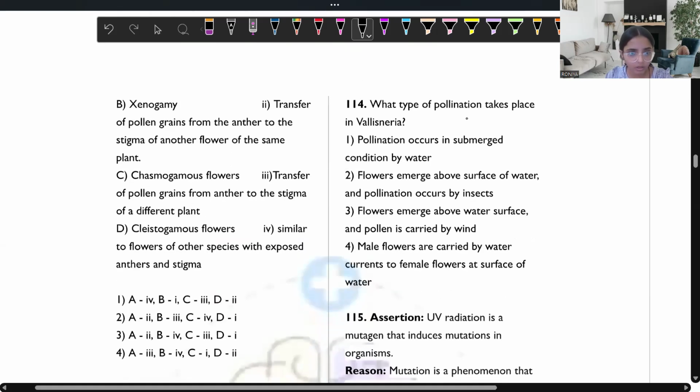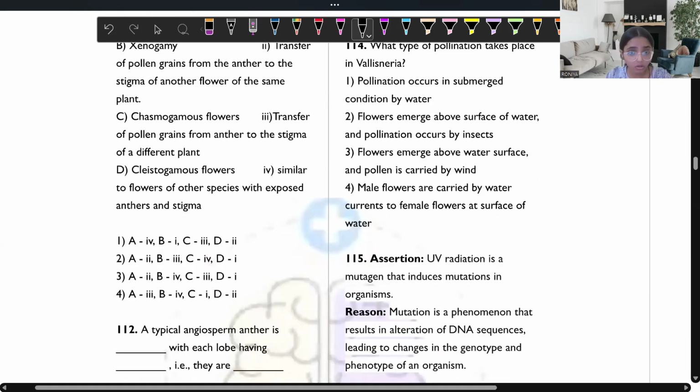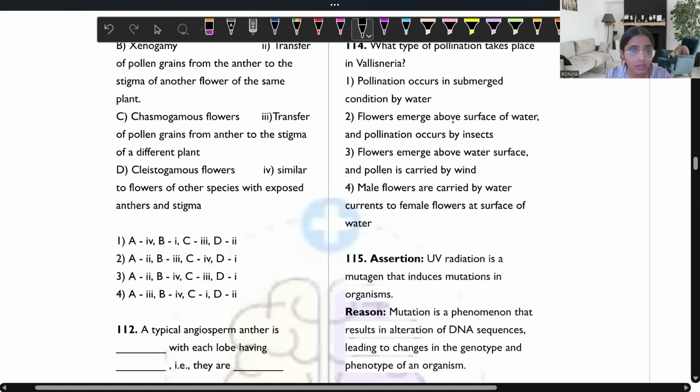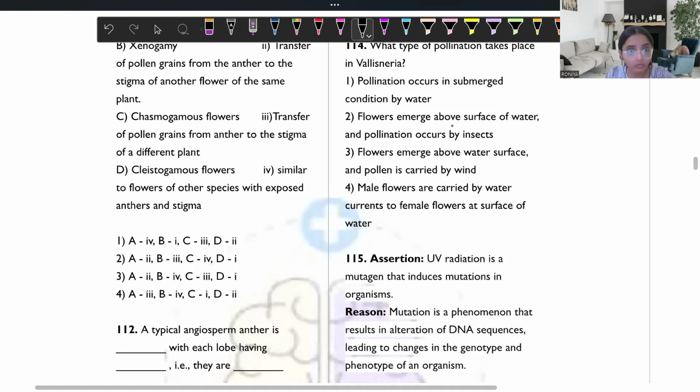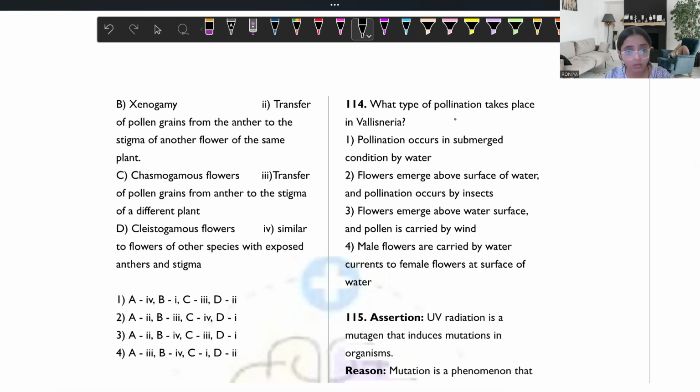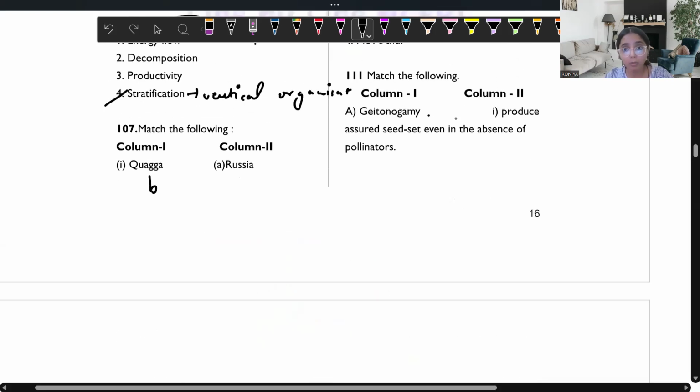Let us start from here because there's so much information on this page. What is it saying? It is saying cleistogamous flowers. Okay. So what are cleistogamous flowers? They are open flowers.